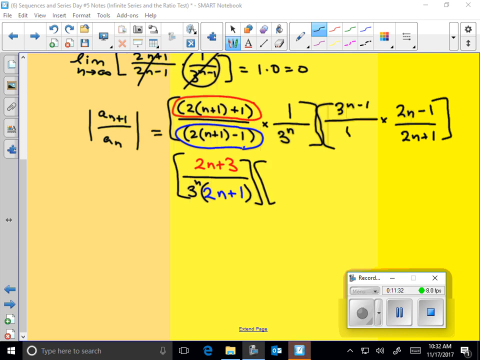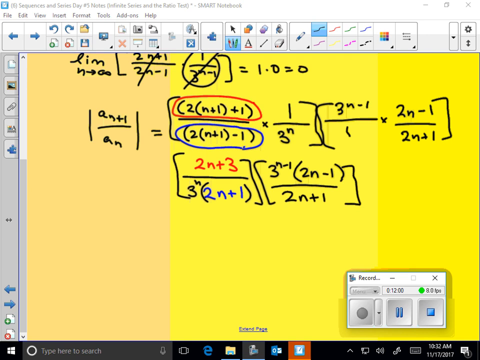Let's continue. How could I rewrite? What do I want to do here? Okay. 3 to the n minus 1 times 2n minus 1 over 2n plus 1. Right? Can I cancel anything? Yeah, I can, right?